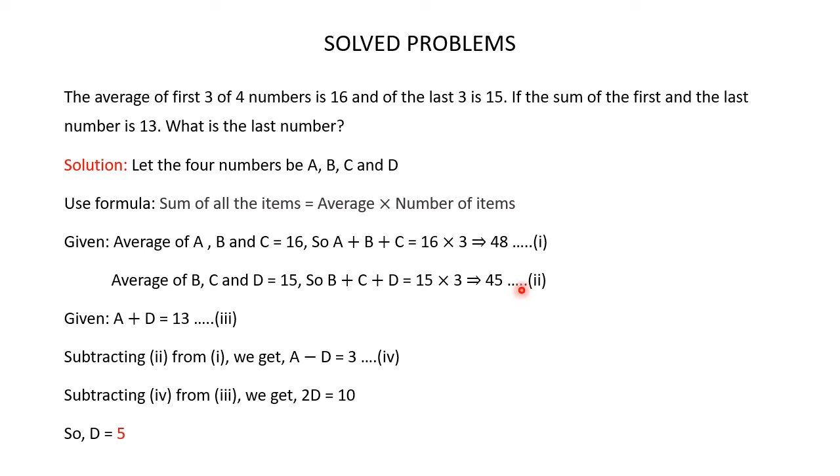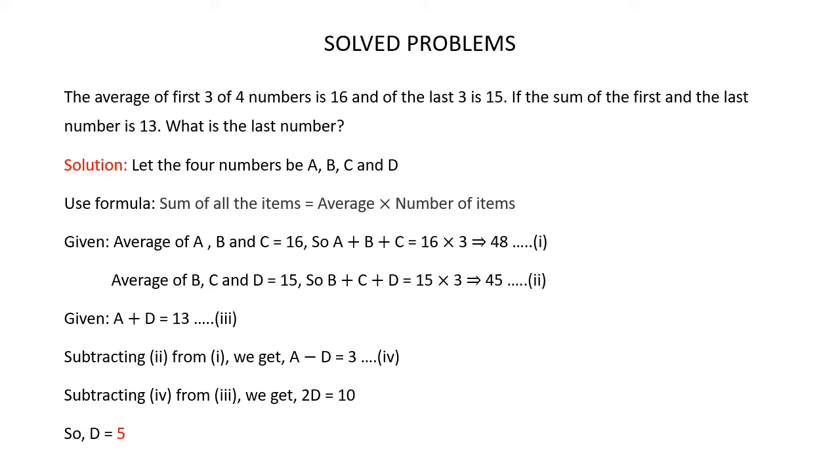So 45 is the sum of the numbers B, C and D. So B plus C plus D is 45. This is equation 2. Now it's also given that the sum of the first and last numbers is 13. So A plus D is equal to 13. This is equation 3.